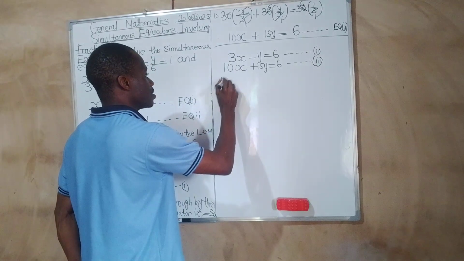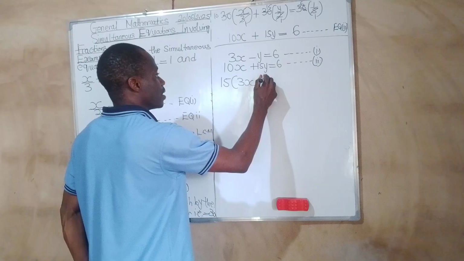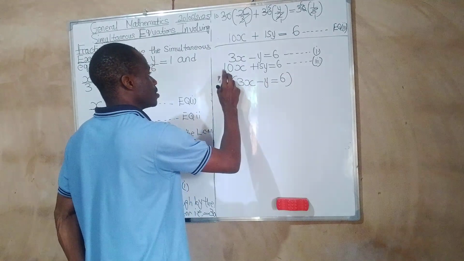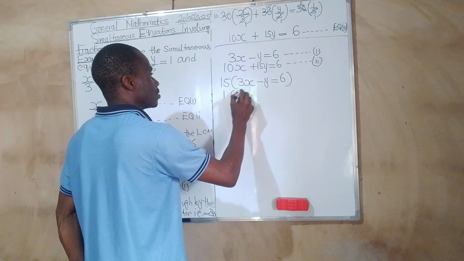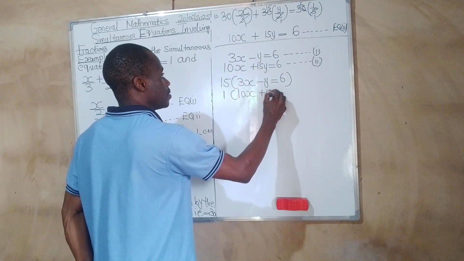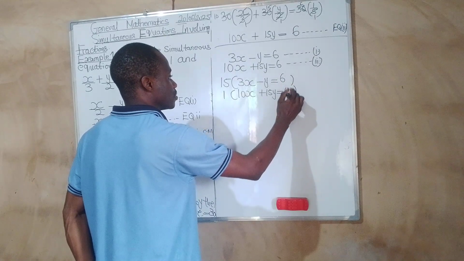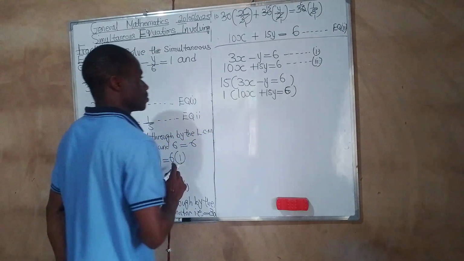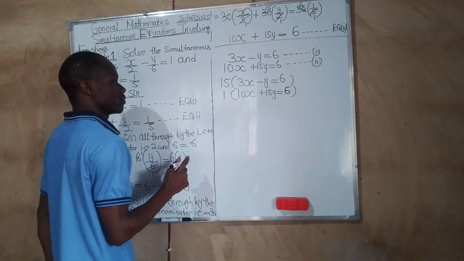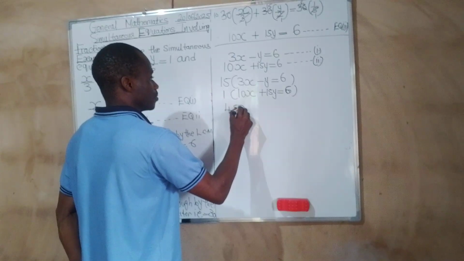So this is 15 open bracket 3x minus y equal to 6 close bracket. Then this one is 1 times x plus 15y equal to 6. I hope you can do that now. So we've gotten this. 15 times 3x should give us 45x, right?